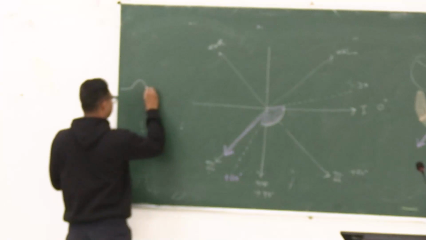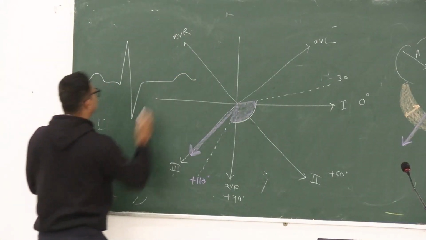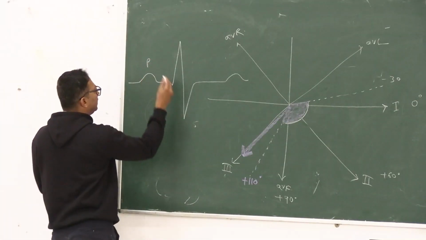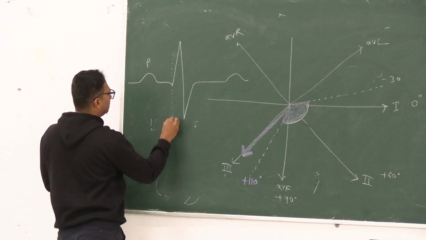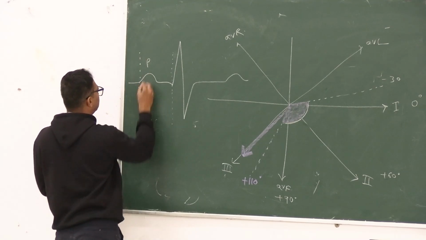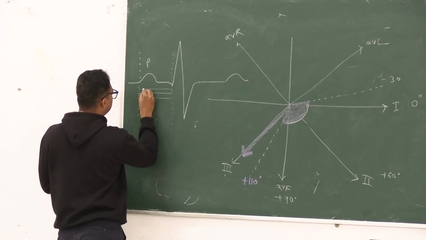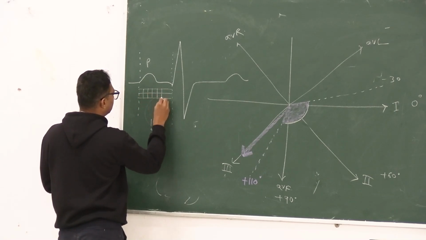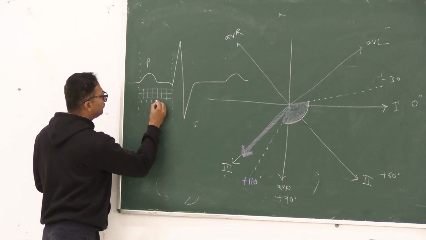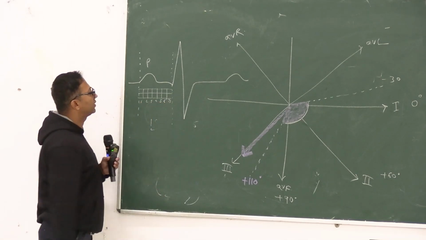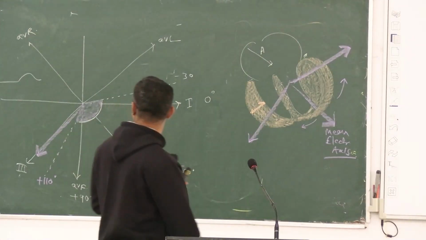So this one is P and this is the beginning of Q, right? Now you calculate the small squares in between. So 1, 2, 3, 4, 5, 6, 7 small squares. Okay, 7 small squares, correct?